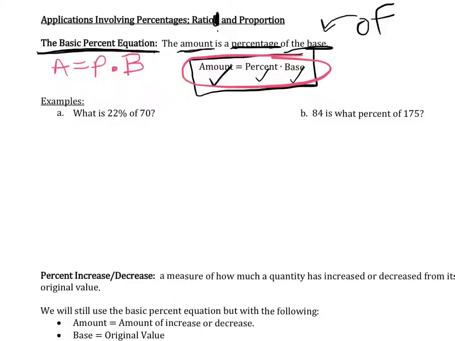What we're given in this problem is that our percent is 22, and since 70 follows the word "of," my base is 70. What we're trying to find is A.